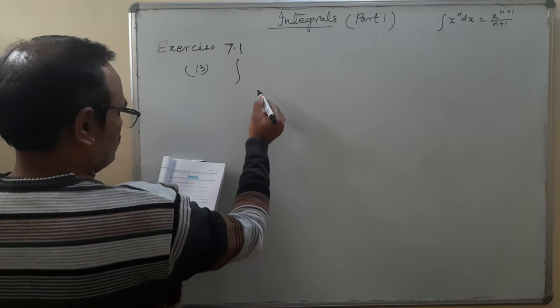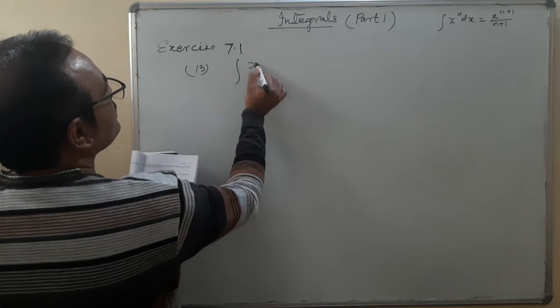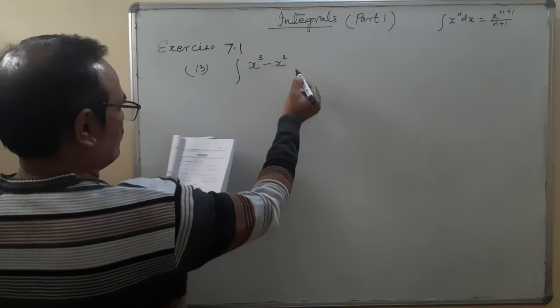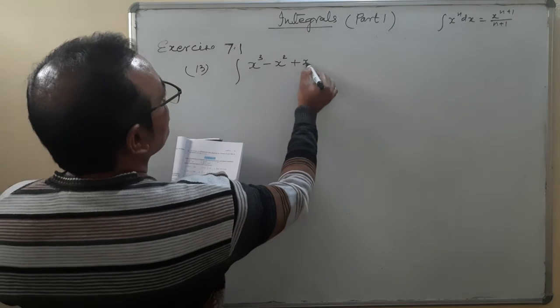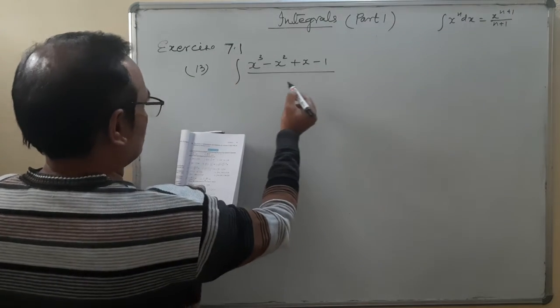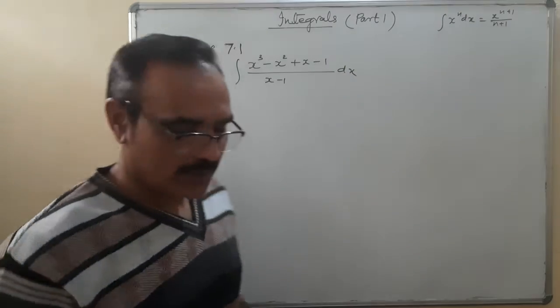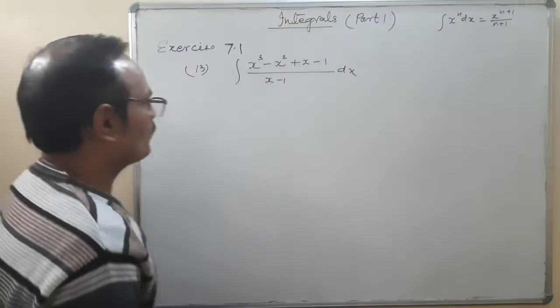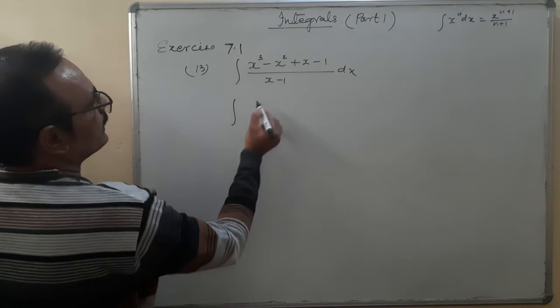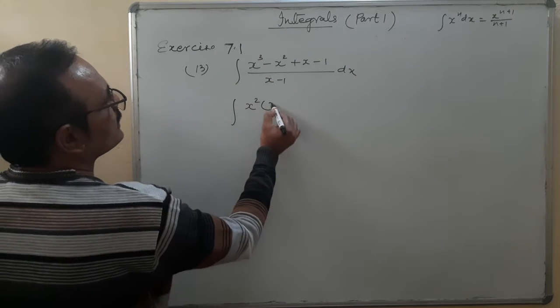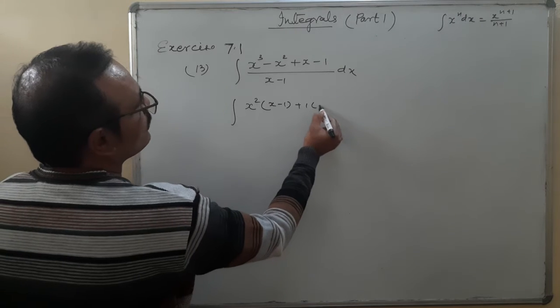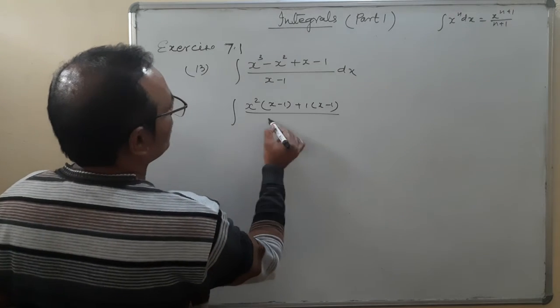Integral of (x cube minus x square plus x minus 1) upon x minus 1 dx. In this term, x minus 1 in the denominator is a problematic term. We'll take x square common from here, so it is x minus 1 plus 1 common, it is x minus 1 upon x minus 1.